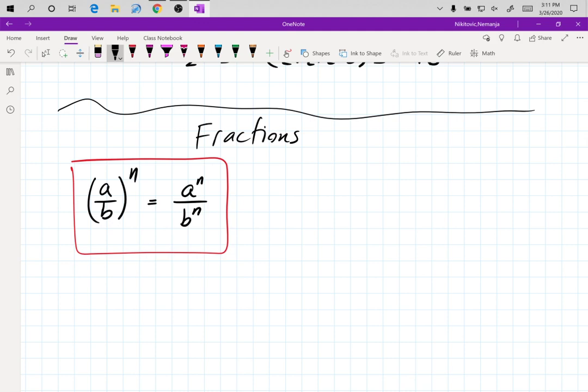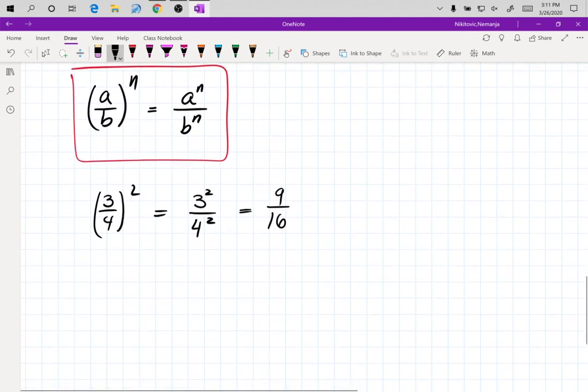So if your fraction is 3/4 squared, you will deal with 3 squared and 4 squared, which is 9 over 16. That's it, right? 9 over 16.